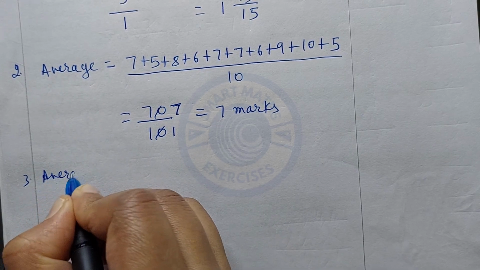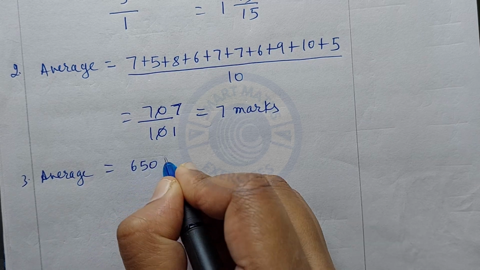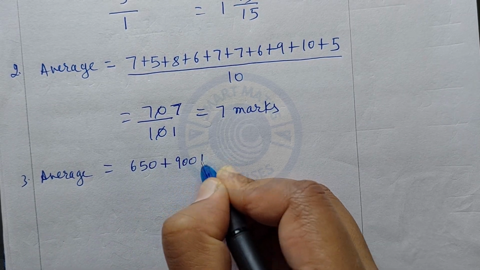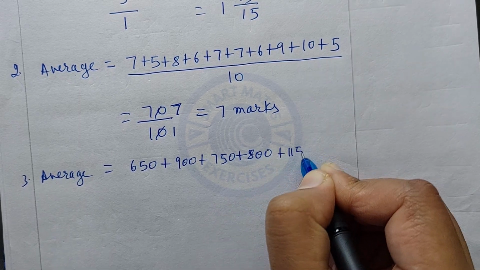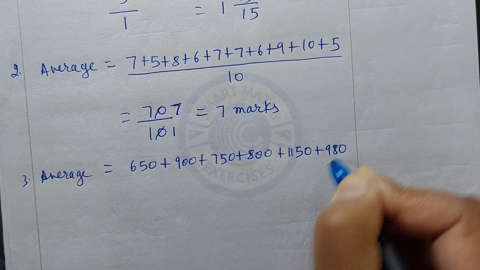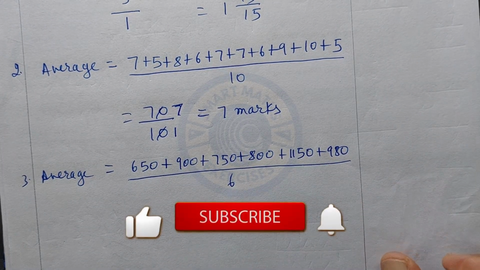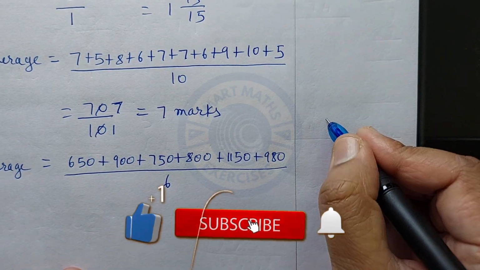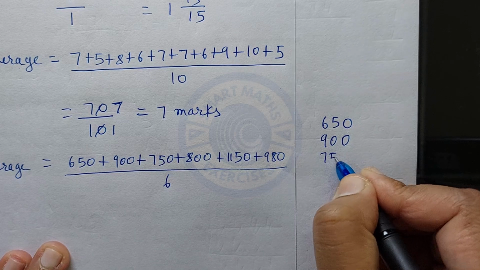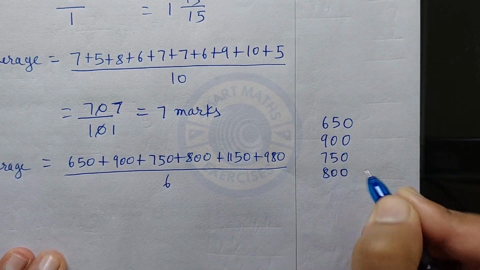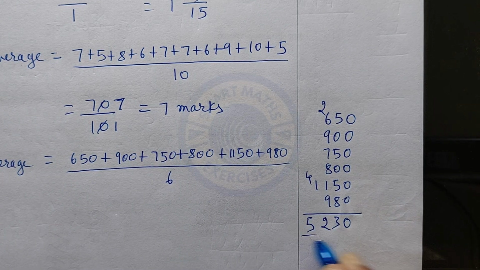So average equals, add 650 plus 900 plus 750 plus 800 plus 1150 plus 980, divide by 1, 2, 3, 4, 5, 6, 6. The sum is 5230.